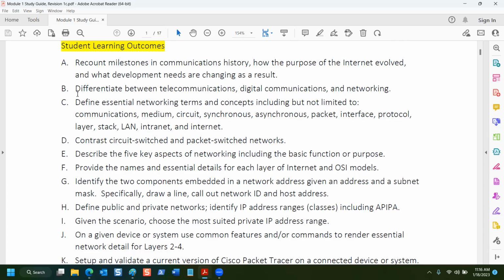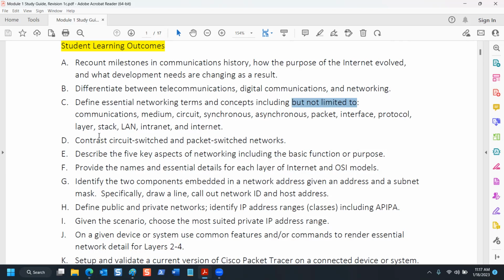There's something explicit in the terms and concepts, right? Including but not limited to. I think I might revise this study guide and add syntax and semantics to the end of this list right here, just to make sure it's explicitly listed. But the but not limited to is kind of a catch-all.